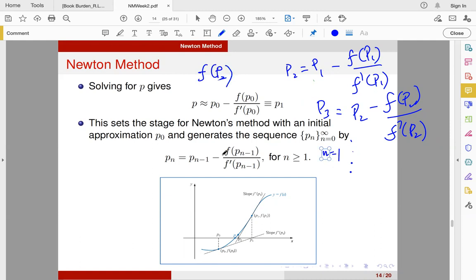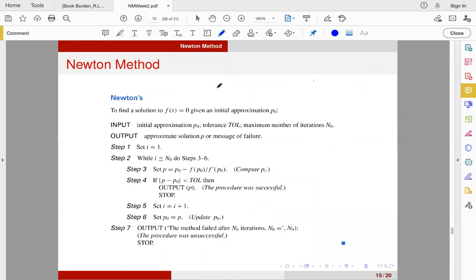If f(p2) is 0, then the process stops. But if f(p2) is not 0, the process goes again until you have the desired accuracy, like 0.00 something that you want. Okay, this is the step in Newton.